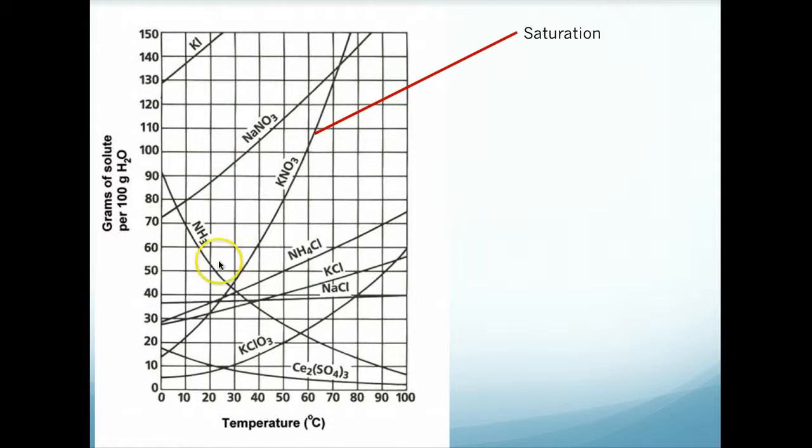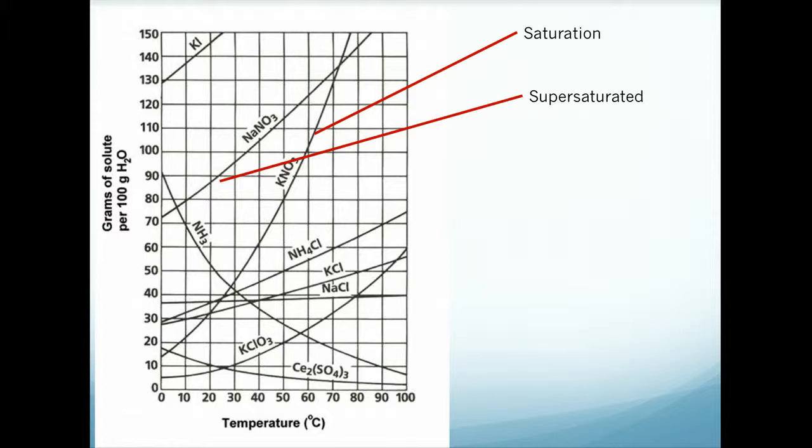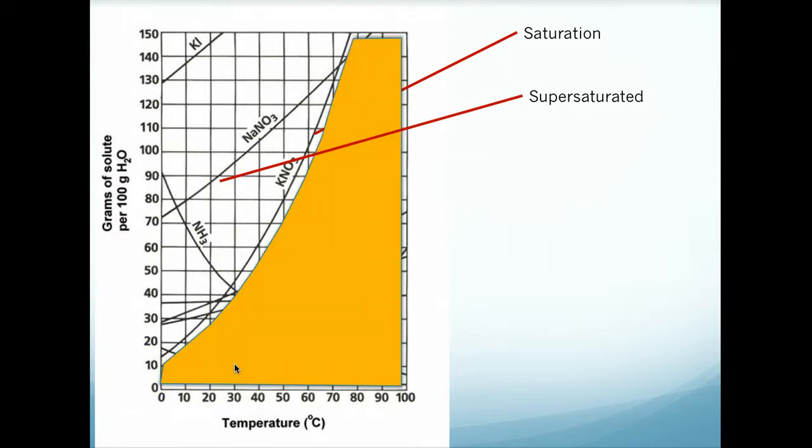Okay, if it falls anywhere above the line, then we say that the solution is supersaturated. And if it falls below the line, like if we're looking at 30 degrees and we only have 10 grams, that's right here in relation to the line. It falls below the line. So anywhere below the line is going to be unsaturated.